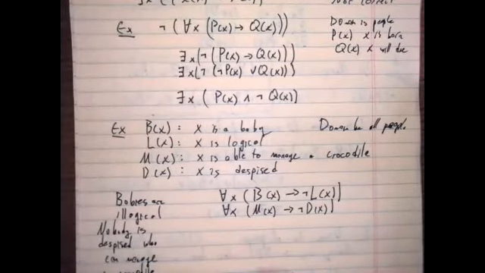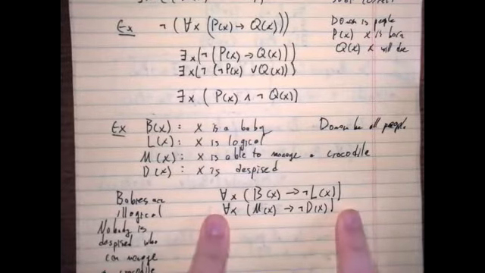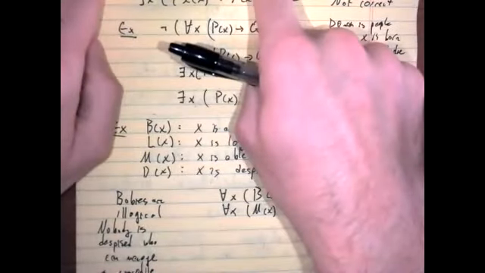But this is saying everyone who can manage a crocodile is not despised. So for instance, this one gives you a surefire way to stop being hated. You just learn how to manage crocodiles. Whereas this one says there's no guarantee. Sorry, you can't see what I wrote up here.